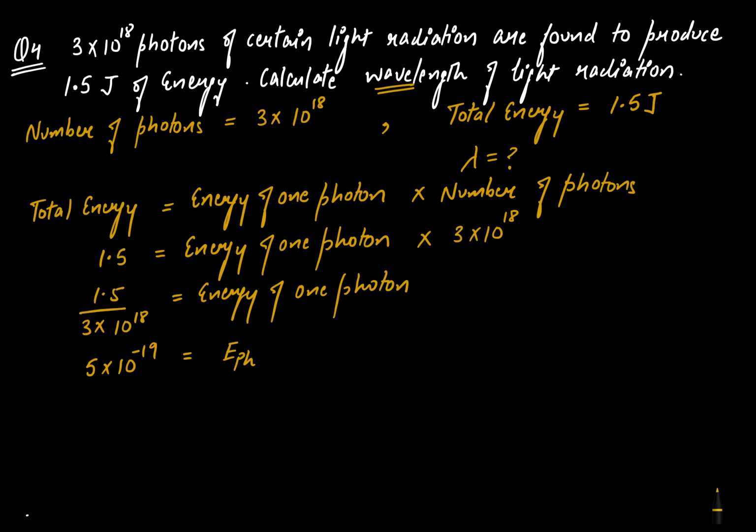So energy of one photon is equal to hc by lambda. So I'm writing 5 into 10 to the power minus 19. I'm substituting the values of h and c. It comes out to be 6.626 into 10 to the power minus 34 into what's the value of c, 3 into 10 to the power 8, divided by lambda. Now my motive was to evaluate the value of the wavelength.